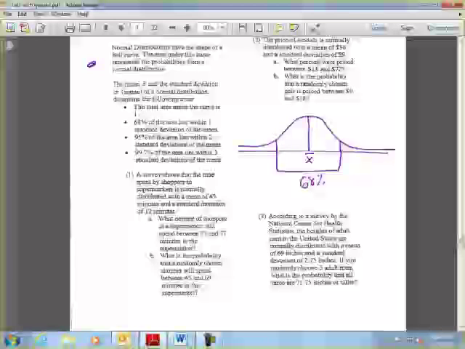Then as we go out to a second standard deviation away on each side, that's going to encompass 95% of our data. And as we go on out to that third standard deviation away on each side, that's going to hit 99.7% of our data.